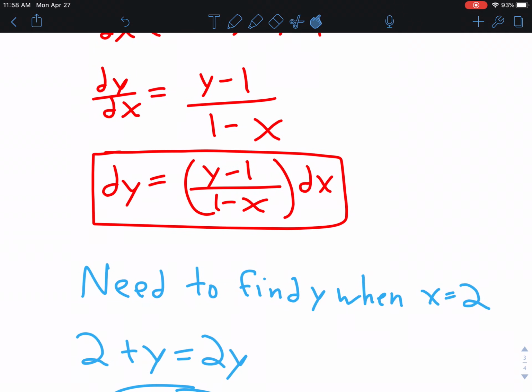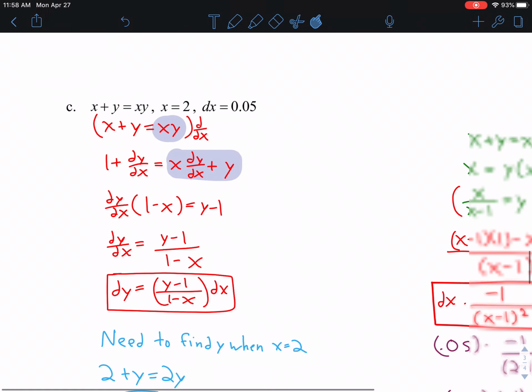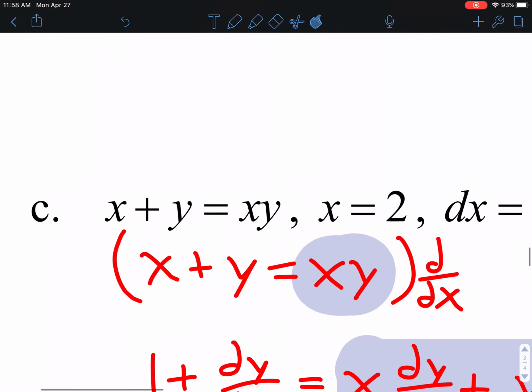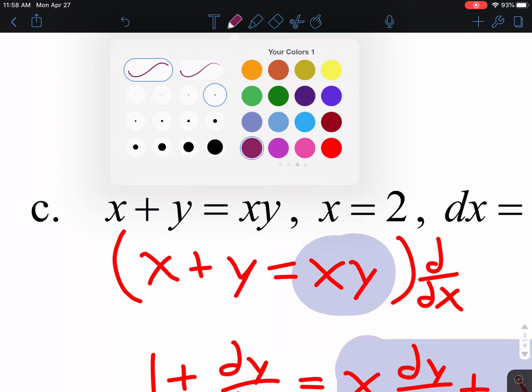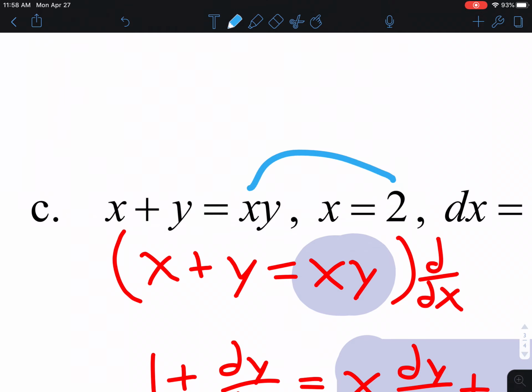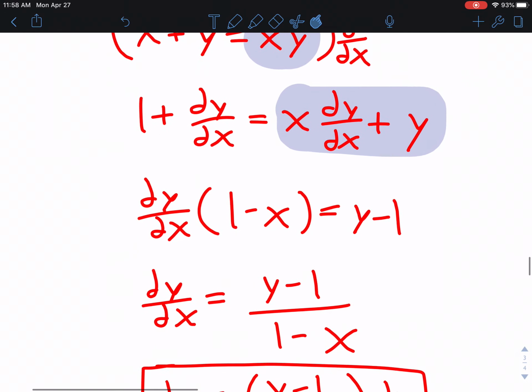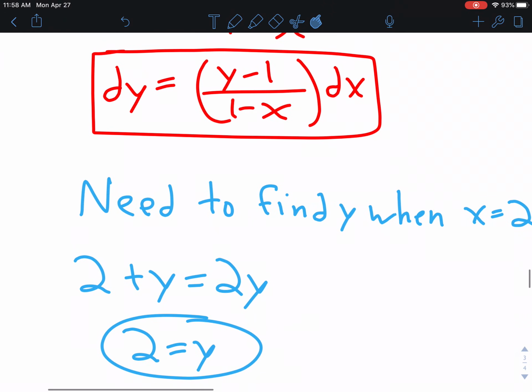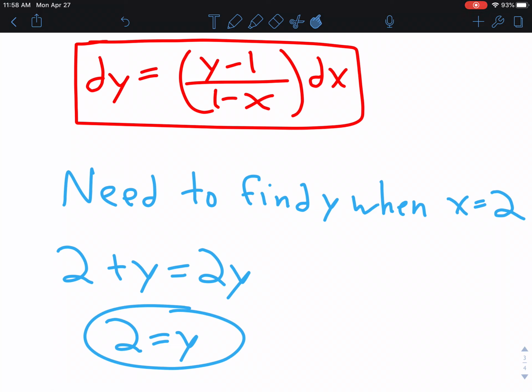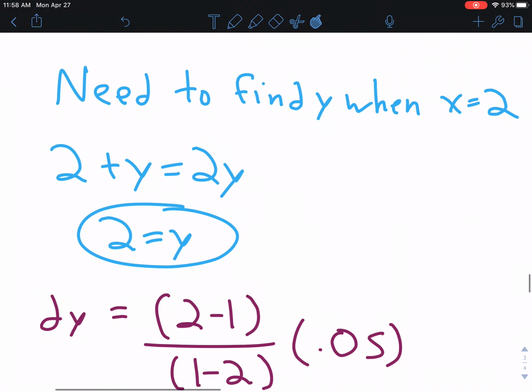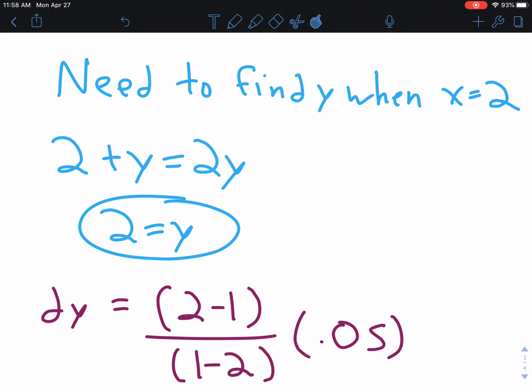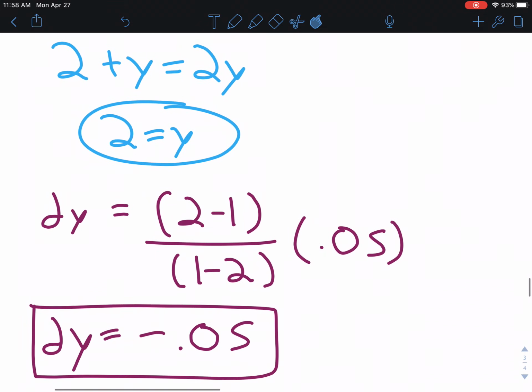I'm going to take 2 and plug it back into the original equation. If I plug it in for x, what y value do I get? You can solve a little equation there, and you're going to get that y is also 2. Now I know x is 2, I know y is 2. Now we can plug everything in and calculate our differential dy, and we get negative 0.05.